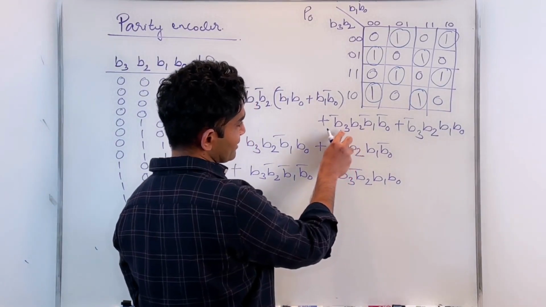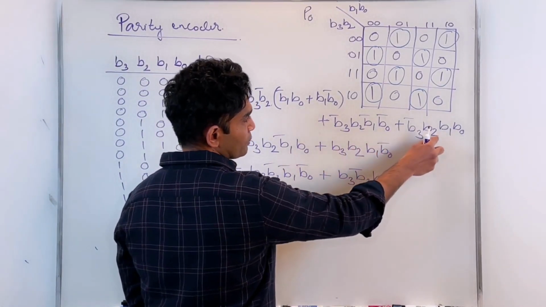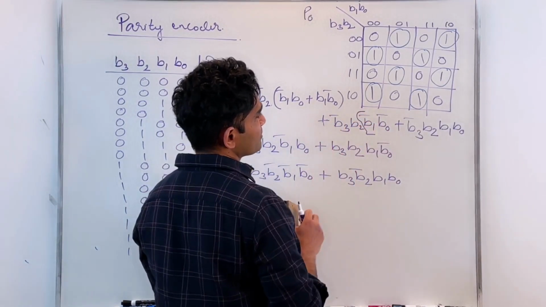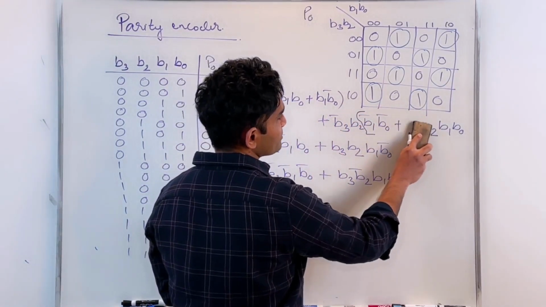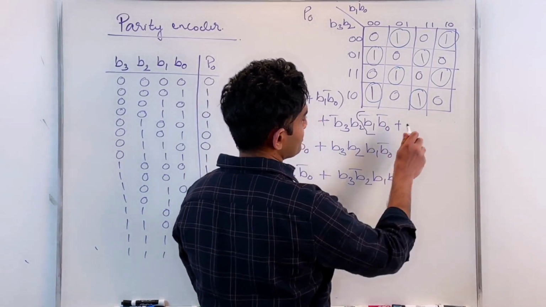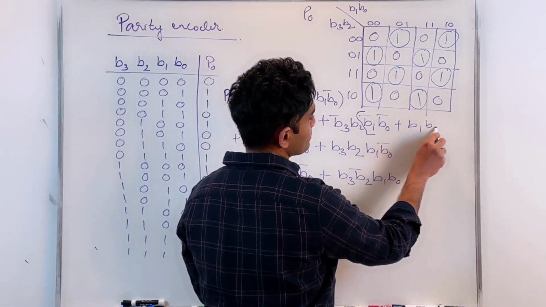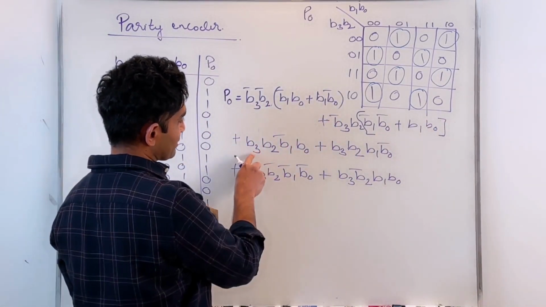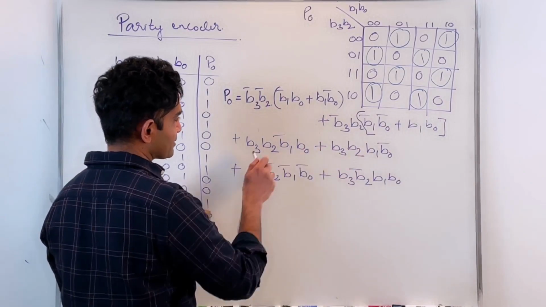So in this case I can see that B3 prime, B2 is a common factor. So I can take that as a common factor, get rid of this. So let me actually put it down here. So that becomes B1, B0. Likewise, do the same thing here. I see that B3, B2 is a common factor.